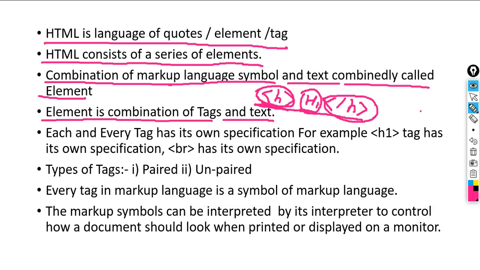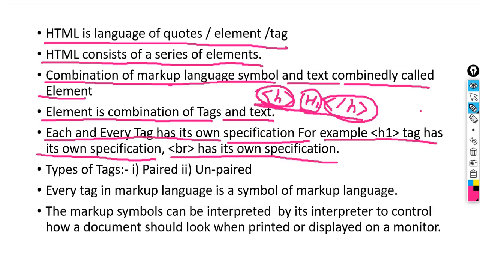So tags with plain text are nothing but an element. Each and every tag has its own specification. For example, the h1 tag has its own specification, the br tag has its own specification. Means they will decide how that particular text will behave, what action will be performed.